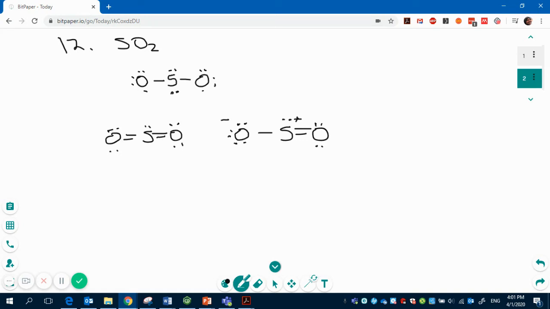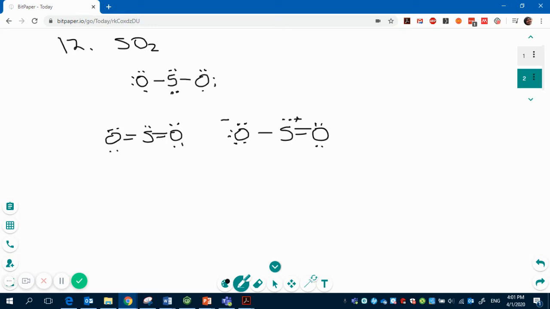Now, if we prefer to not have the expanded octet, this is better. If we're looking for lower formal charges, this one's better. In reality, neither of them really is entirely correct.